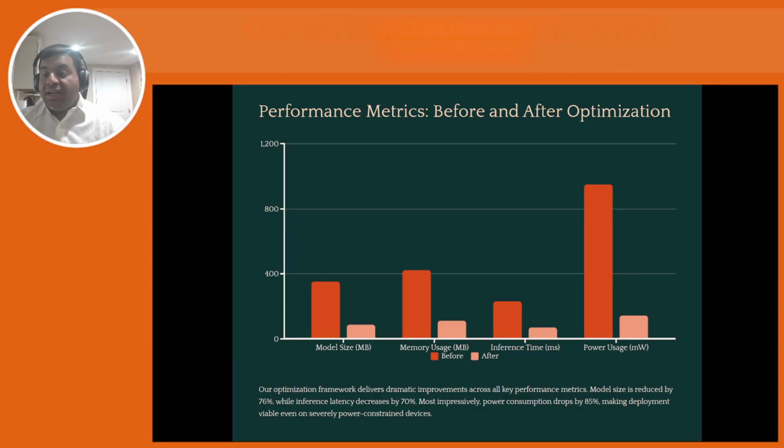Inference time, measured in latency, decreases substantially, like 70% in this example. And perhaps most critically for the edge, power usage plummets by 85%. These kinds of gains are what make complex AI models viable on power-constrained edge devices, turning theoretical possibilities into practical applications.